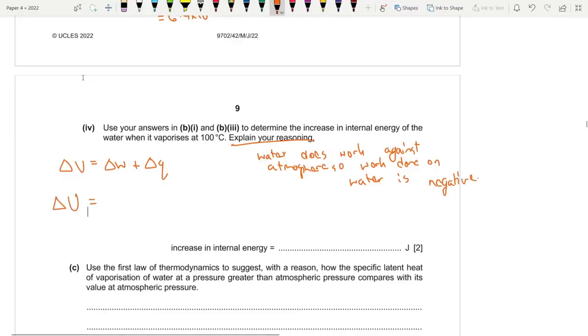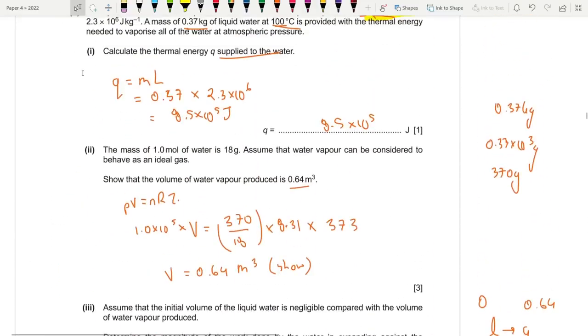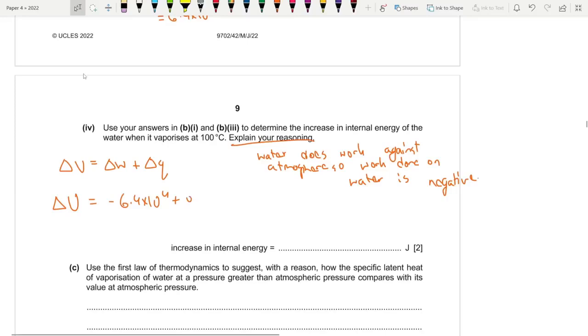So del U is equal to minus 64,000, minus 6.4 into 10 to the power 4, plus the thermal energy supplied, which was 8.5 into 10 power 5, yeah? I'm getting a value of 786,000, which is basically 7.9 into 10 power 5, all good.